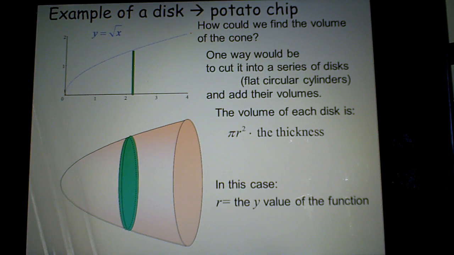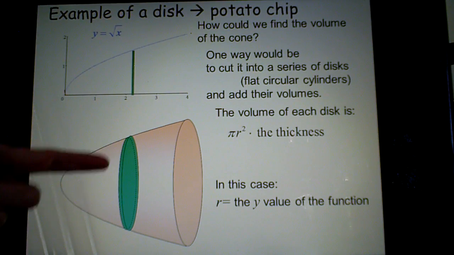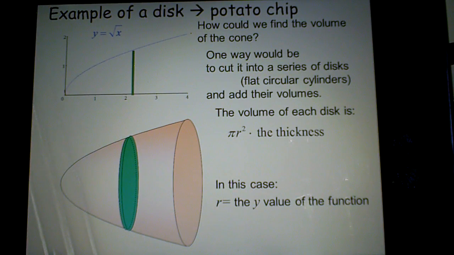And I'm going to take this function, rotate it around the x-axis, spin it, if you will, and create this three-dimensional shape. And I want to find the cylinder. Oh, I'm sorry, I want to find the volume of it. So what I'm going to do is get a whole bunch of these cylinders right here. But the cylinder is really flat, right?